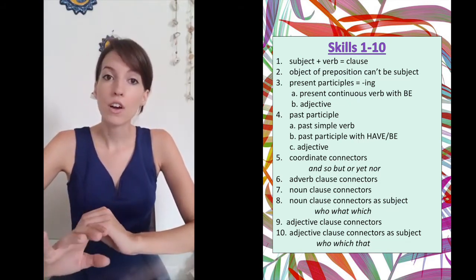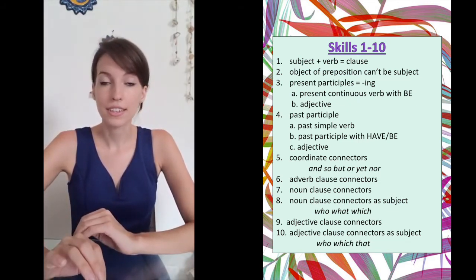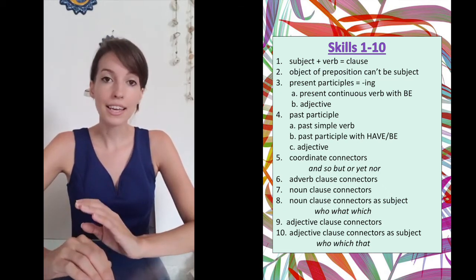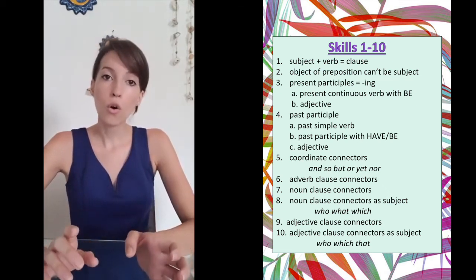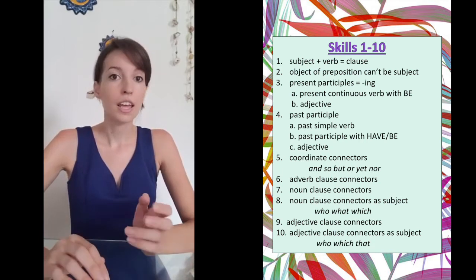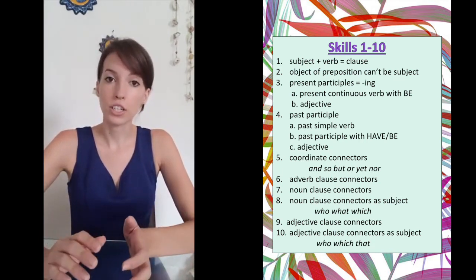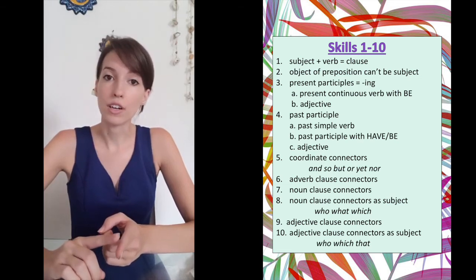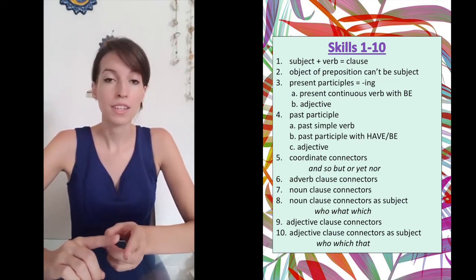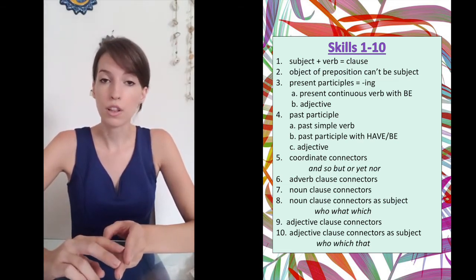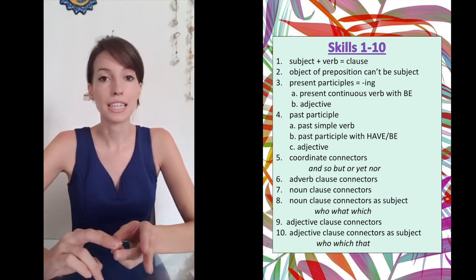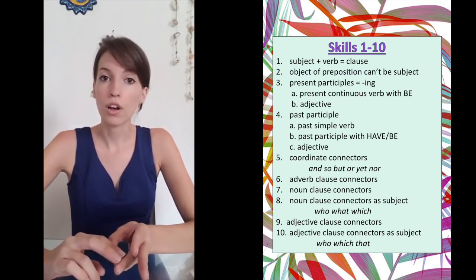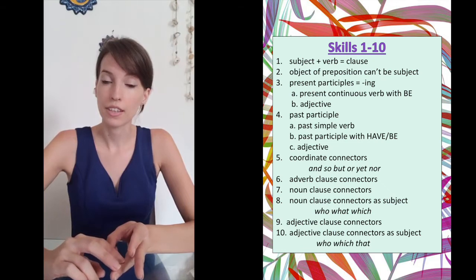Skill 5 is the coordinate connectors. These connectors can connect 2 clauses or other structures, like 2 nouns or 2 adjectives. Skill 6 is the adverb clause connectors. Skill 7 is noun clause connectors, and Skill 8 is noun clause connector subjects.